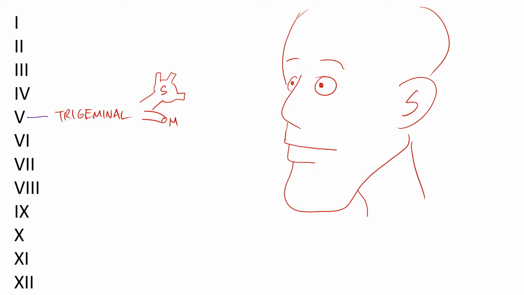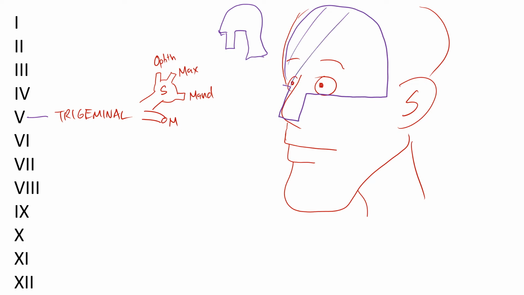First, you have your ophthalmic, you have your maxillary, and you have your mandibular branches. Just remember your medieval helmet. Your medieval helmet looks like this. So your ophthalmic basically is like this.